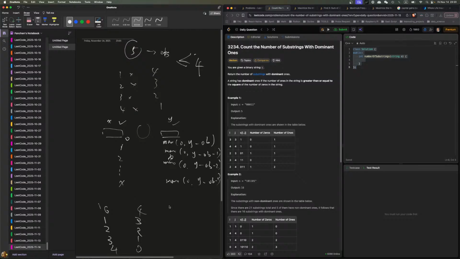Once it has 0, we'll have 1, 2, 3, 4, whatever.